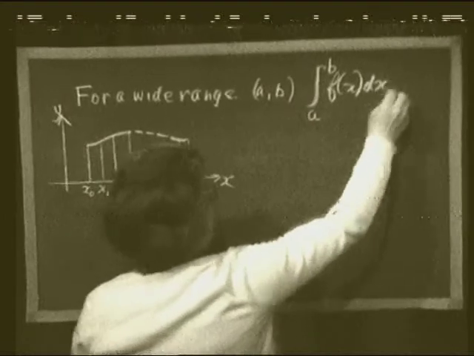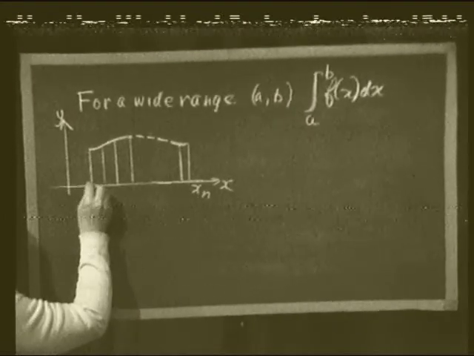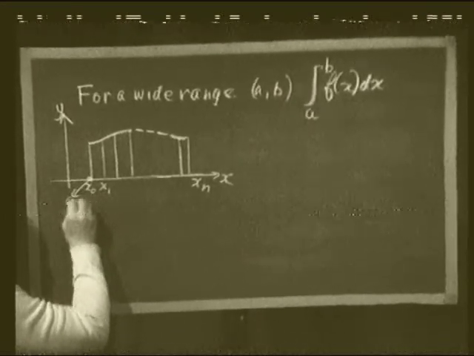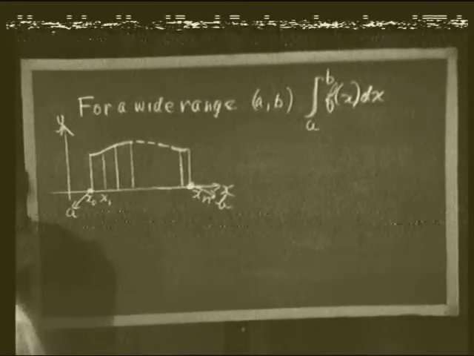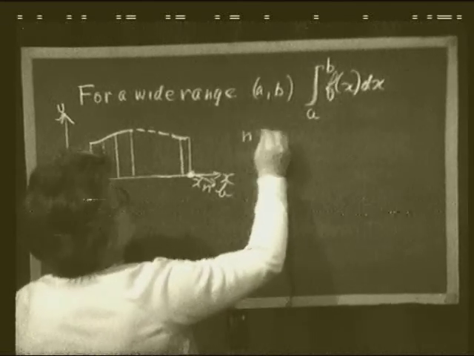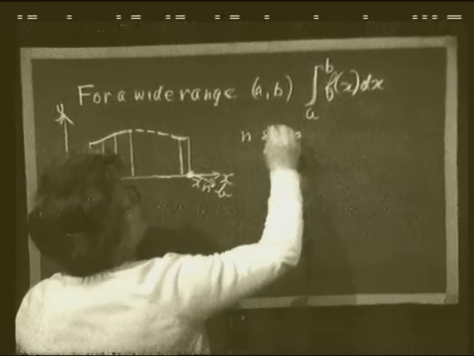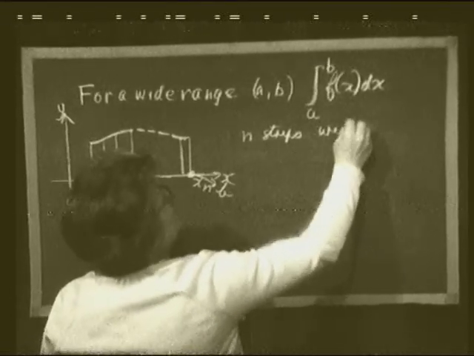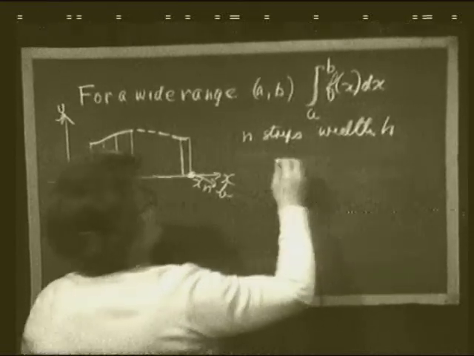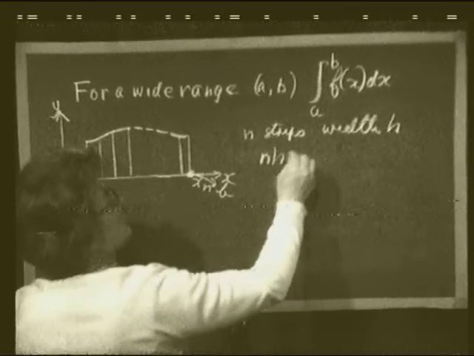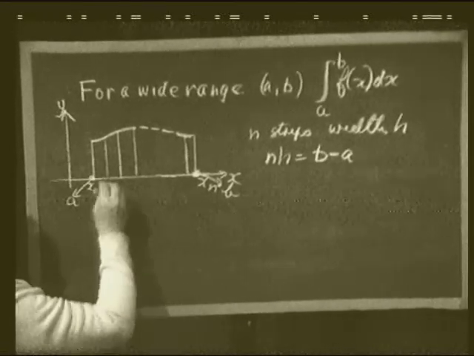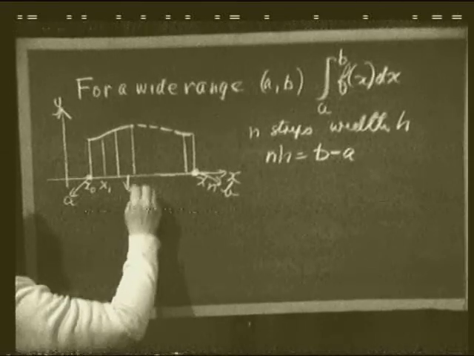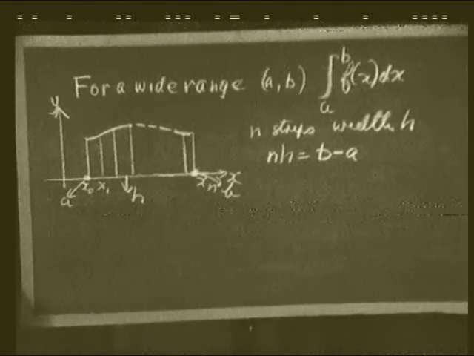If this is a, and this is b, these two points, we divide it into n strips, each of width h, so that n times h is equal to b minus a. Each one of these widths here is h.